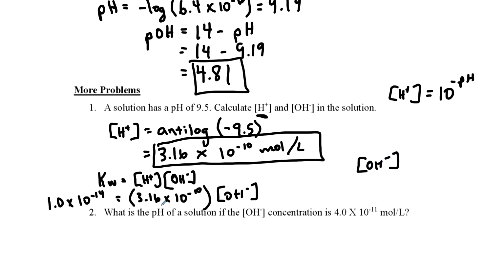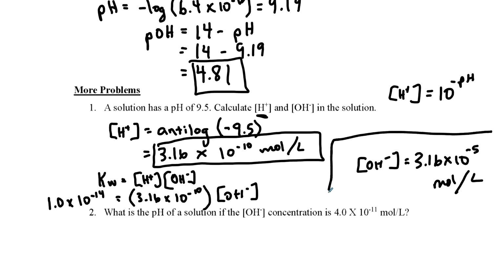To get this answer, I have to divide by 3.16 times 10 to the negative 10 on both sides, and that will give me 3.16 times 10 to the negative 5 moles per liter. Okay, so as long as you can get one, you can always get the other if you just use the Kw expression.